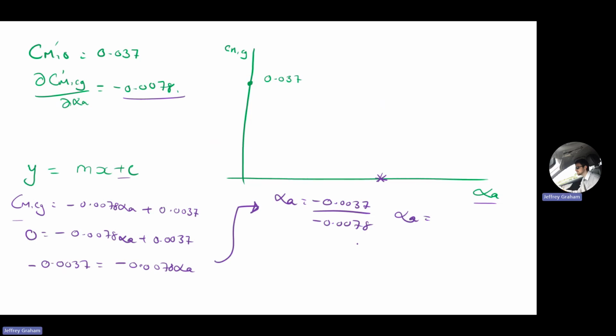That will give you your alpha A. Now, obviously, in this case, it's a very substantially small number, but it's the concept of, right, you'd be able to work out that point there. Right, I say, something you might be able to do.